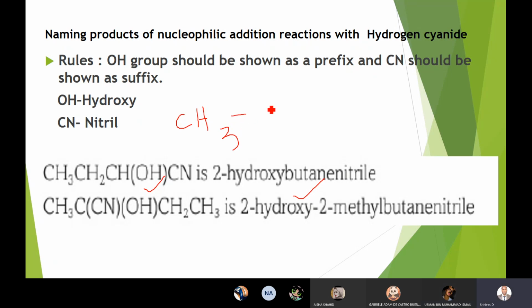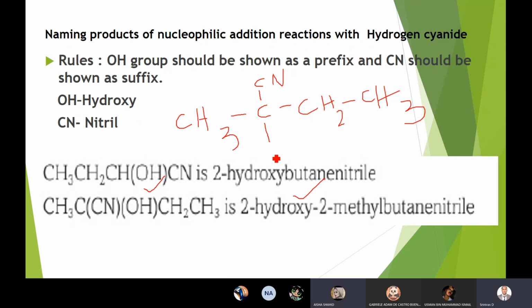On this carbon, what are the groups present? Aisha, can you identify? What are the groups present on the second carbon? Are there any hydrogens? Sir, OH group is present. Yes, OH, because OH and CN are kept in brackets, so you have one CN over here and OH.